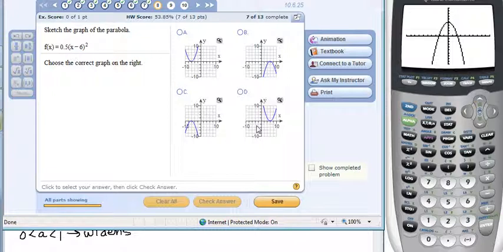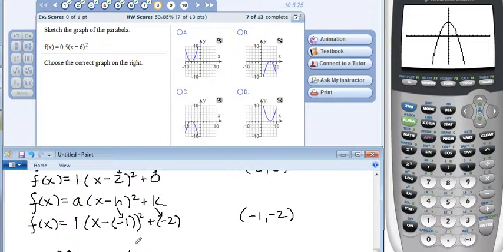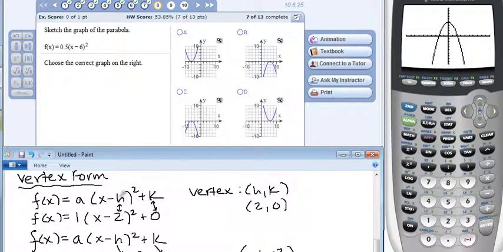All right. Now, both of those are wider than a normal. Supposedly, we don't know, but that's what this half is. And where is my vertex? Go back to this stuff. Isn't it 6, 0? Isn't H 6 and K 0? 6, 0, is it this one or is it that one?